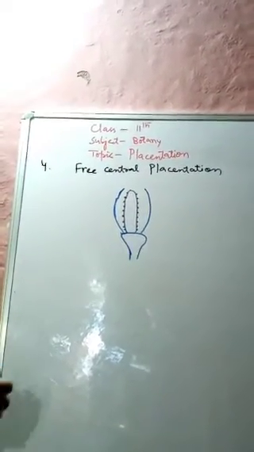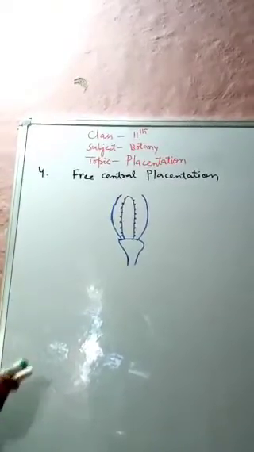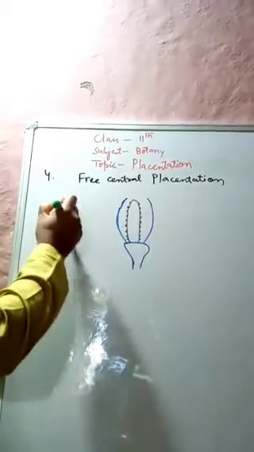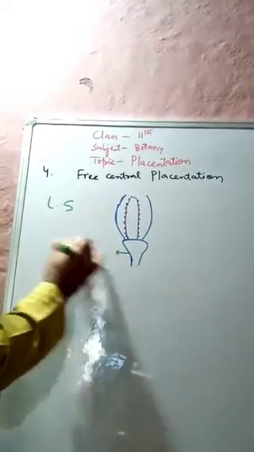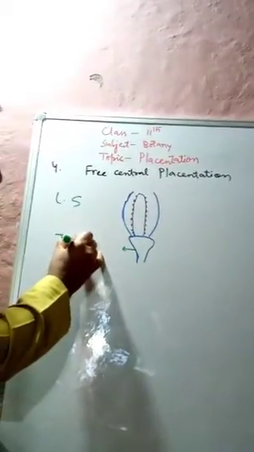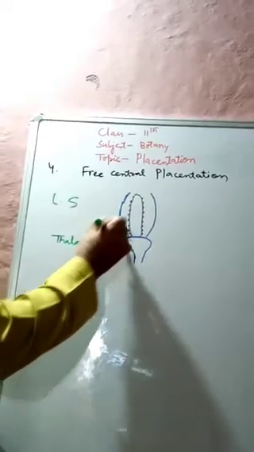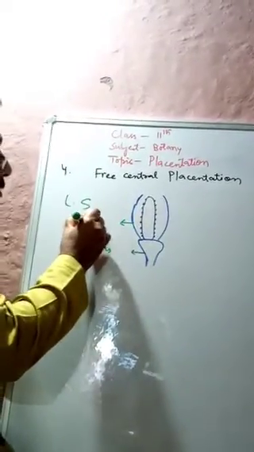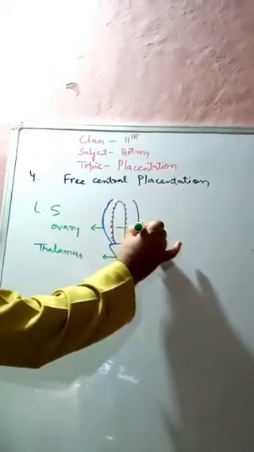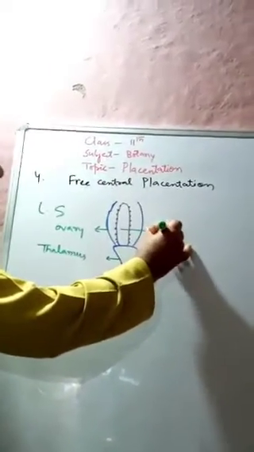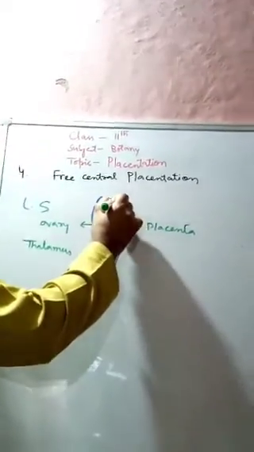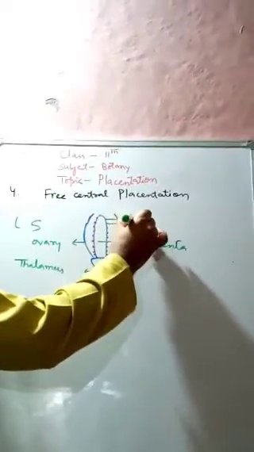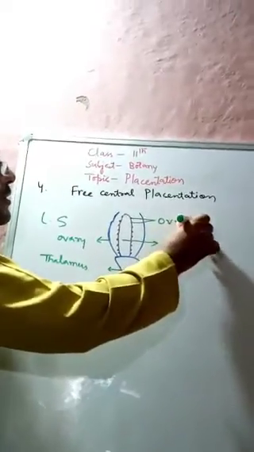So if we label this diagram, this is the longitudinal section, LS, this is the thalamus, and this is the ovary. Now what is this pillar-like or column-like structure? This is the placenta, and these red structures are called the ovules.